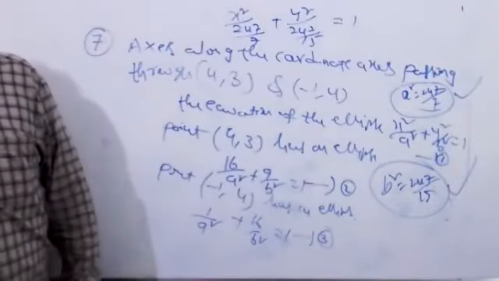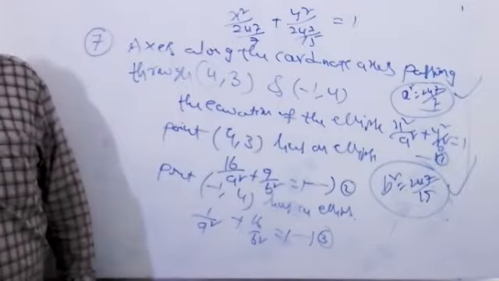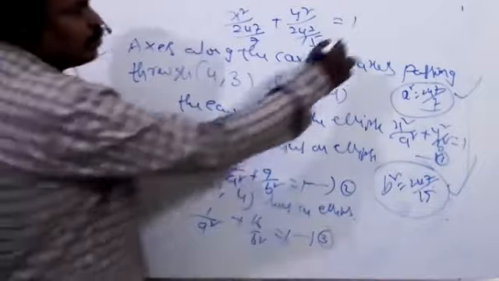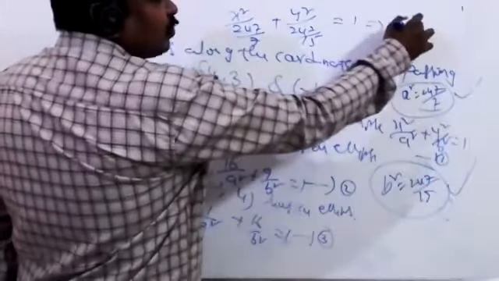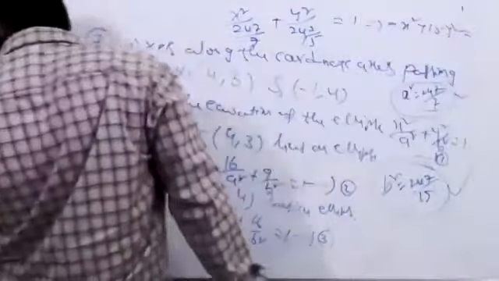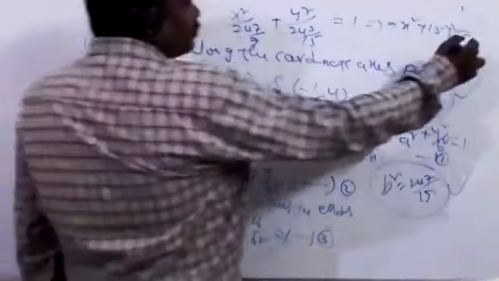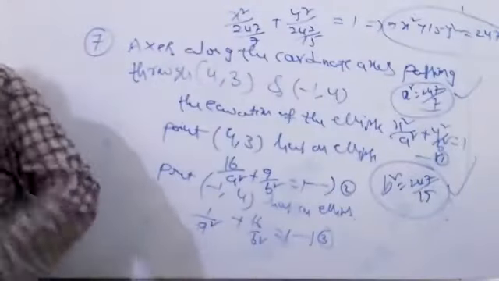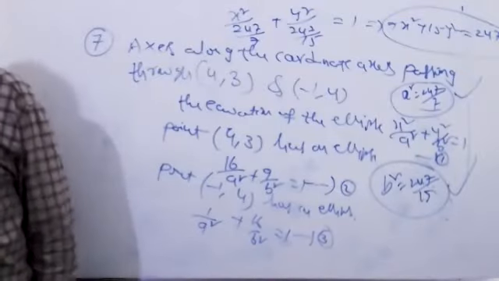Sir, it may also be x square upon 247 by 15, right? No, it can't be. That implies 7x square plus 15y square is equal to 247. Sir, could you solve it?